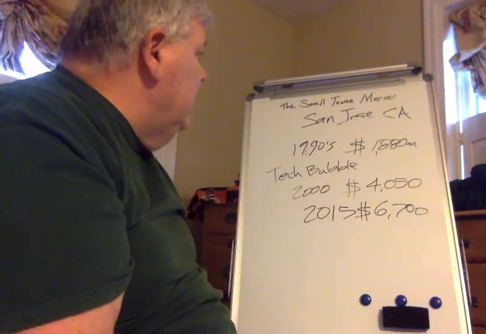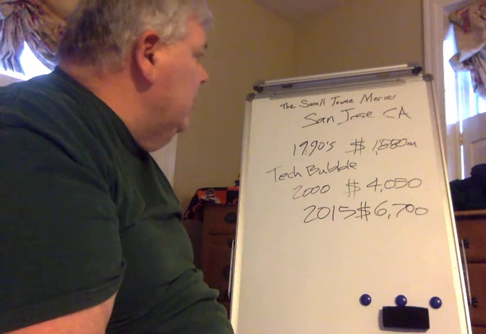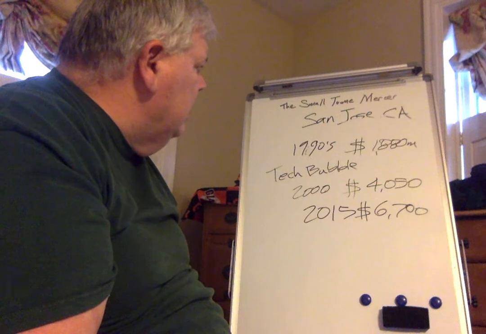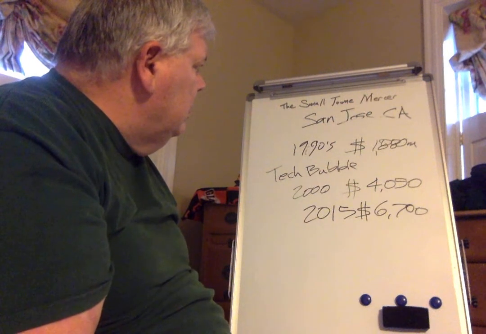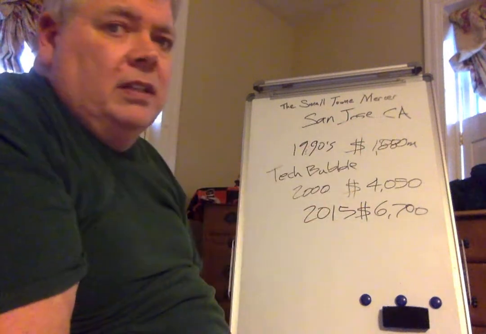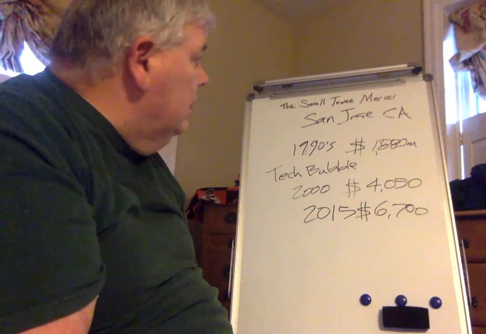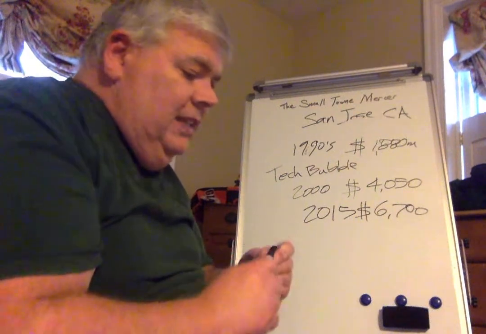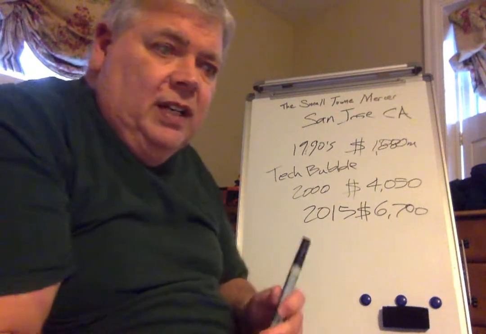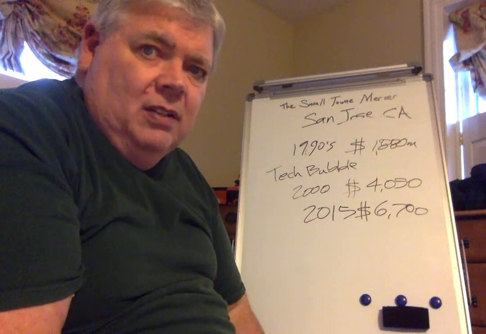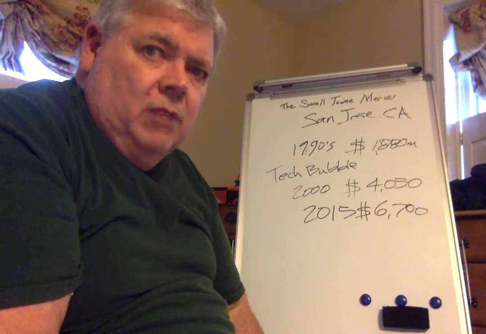So 1990 to 2015, that 25-year period, look at the difference. It's more than $1,600. Do you know from 1965 to 1985, the average monthly pay went up about $1,600 a month in 20 years.